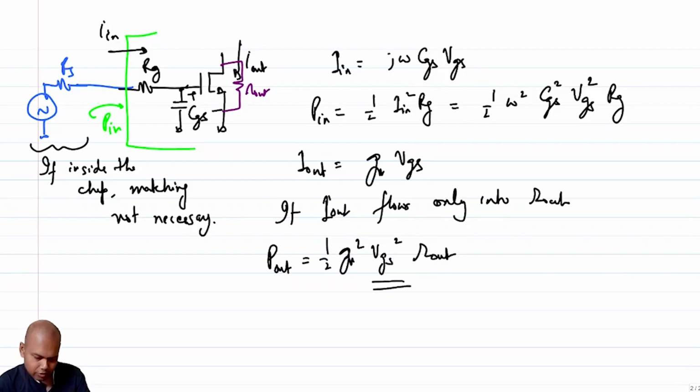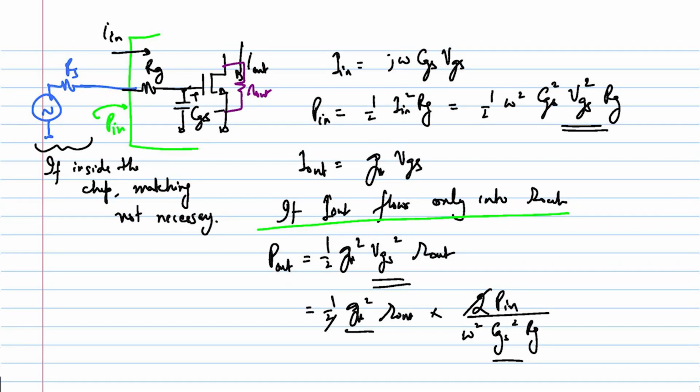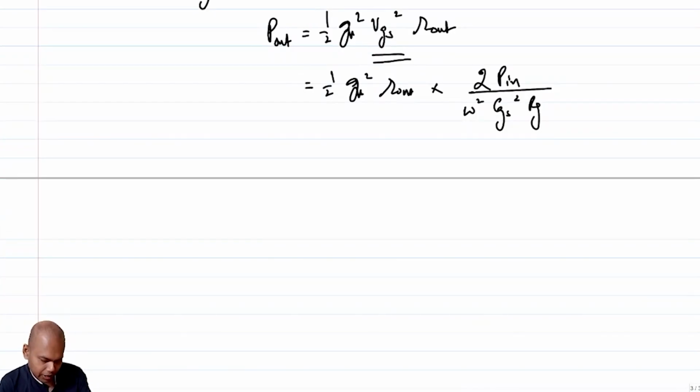Now what is VGS squared? I can get VGS squared from this equation, that is twice P in by omega squared CGS squared times RG, right? Okay, which means P out over P in is how much?